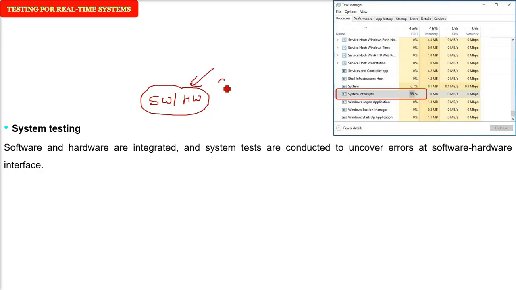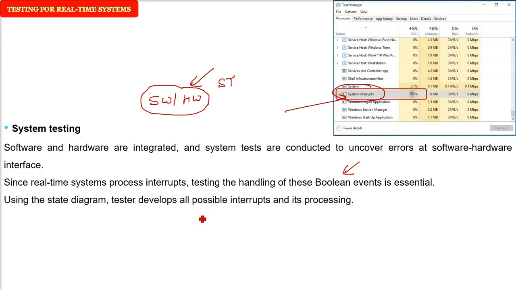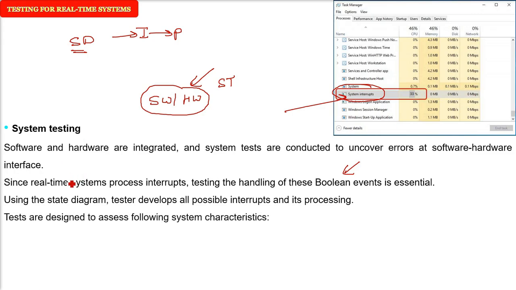Since real-time systems are processing interrupts, testing the handling of these Boolean events, 0, 1, yes, no, is quite essential, because it is an integral part of system testing. Using the state diagrams which have already been made in the requirement modeling, the tester would develop all the possible interrupts and their processing. So tests are designed to assess certain system characteristics.